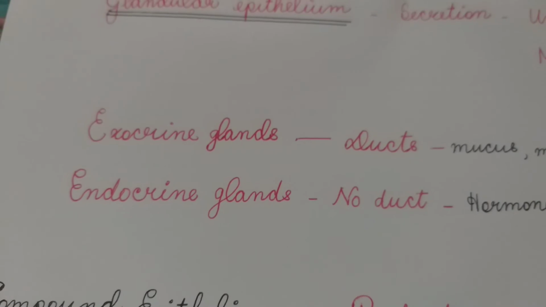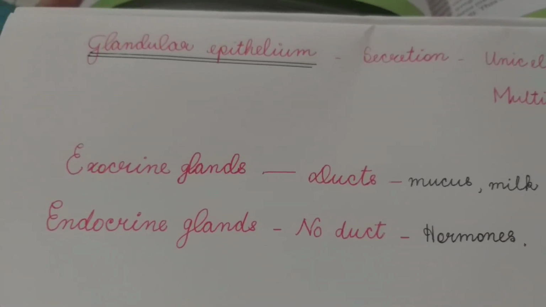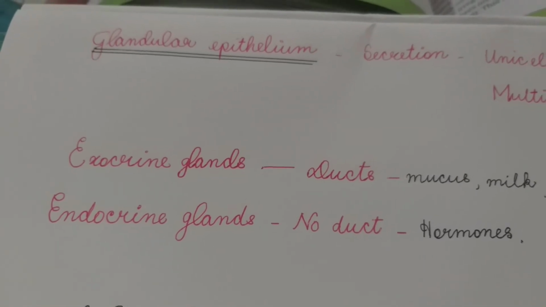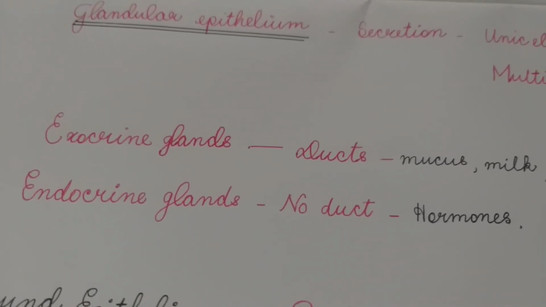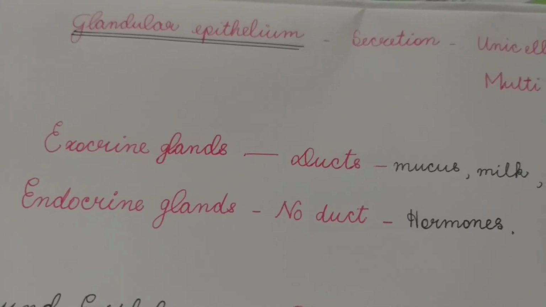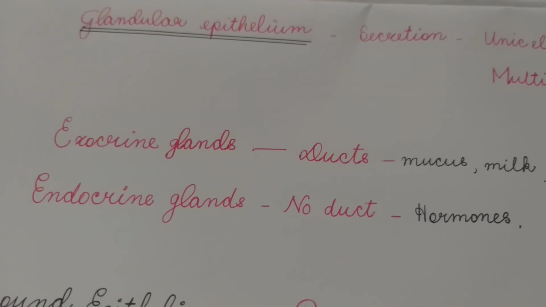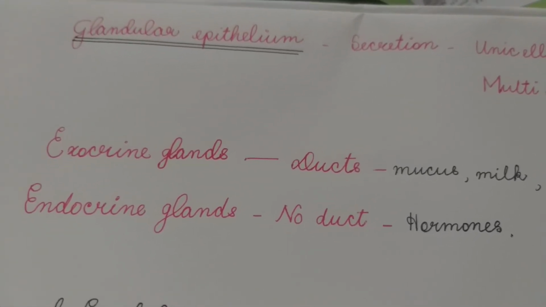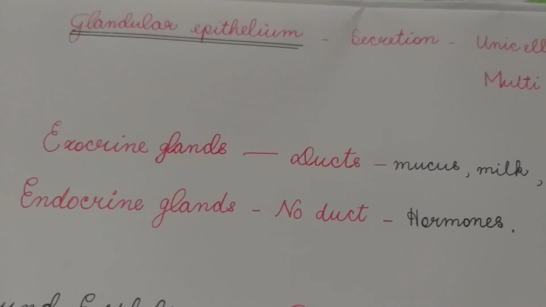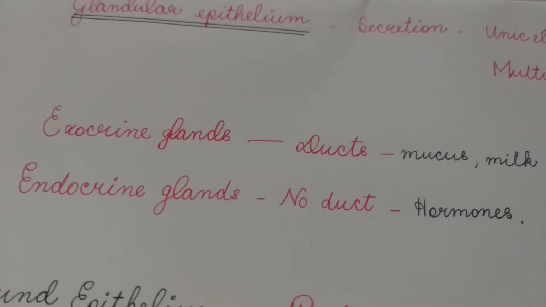Now, the glands are of two types: exocrine and endocrine. The glands which release their secretions through ducts are called exocrine glands. The glands which do not have ducts and pour their secretions directly into the bloodstream are called endocrine glands.